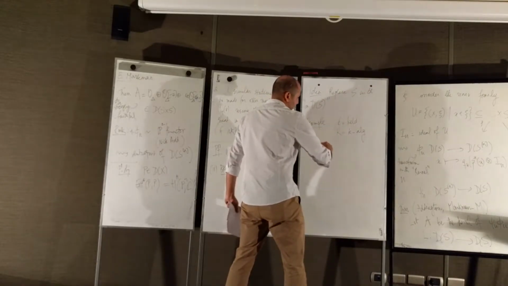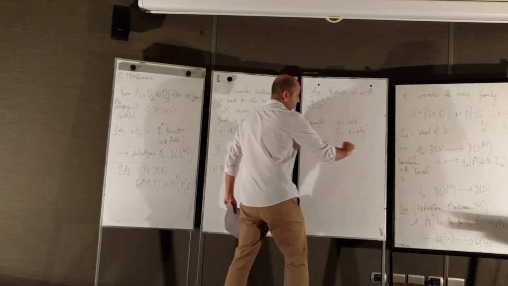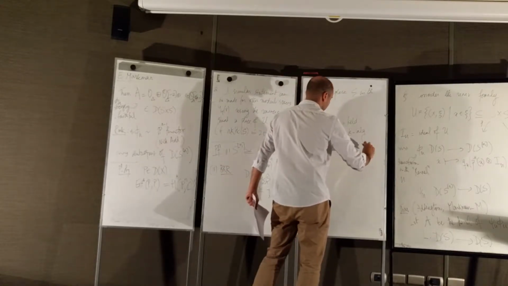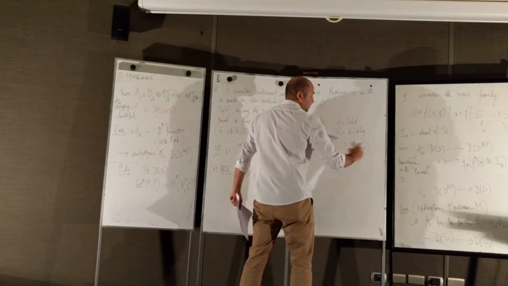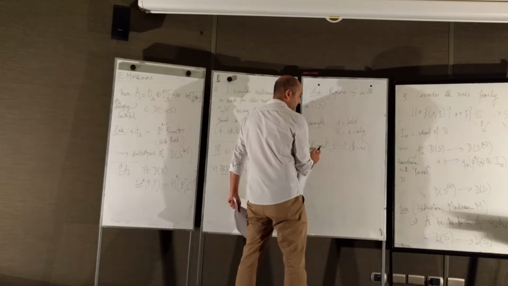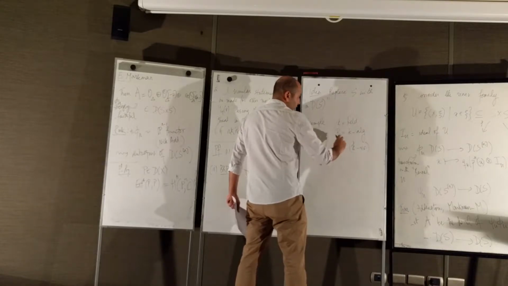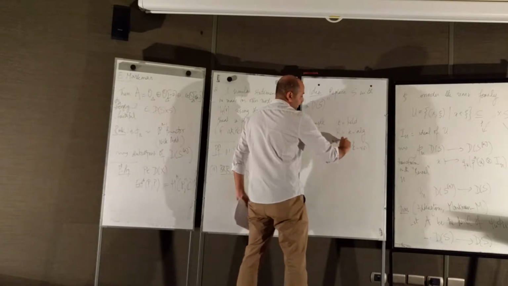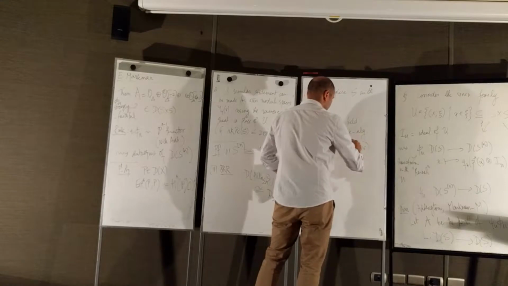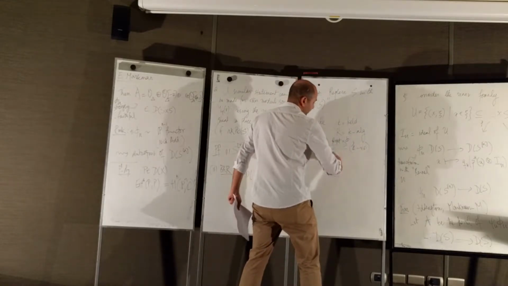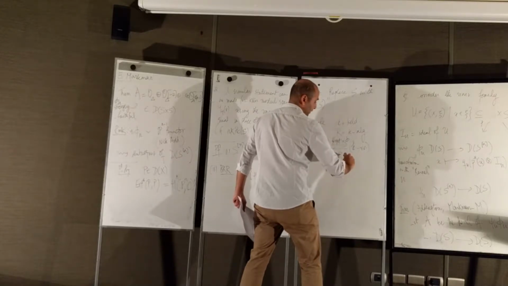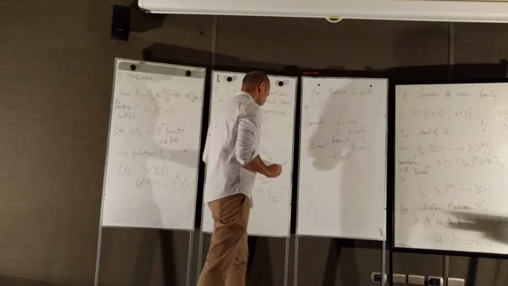So you have two categories, the category of R-modules and K-vector spaces. And you have a pair of functors, just as you do here, going back and forth. Given an R-module, you just forget. I'm going to call that phi. And going the other way, you construct the free R-module by tensoring with R. Call it psi.